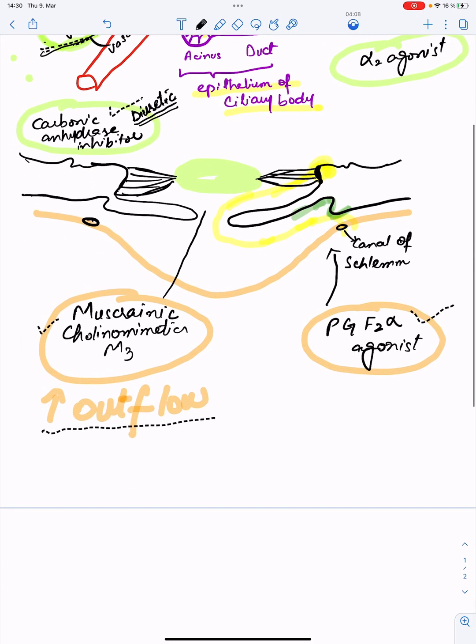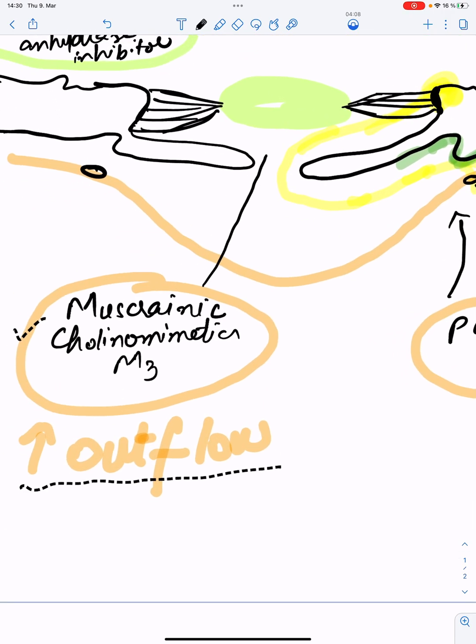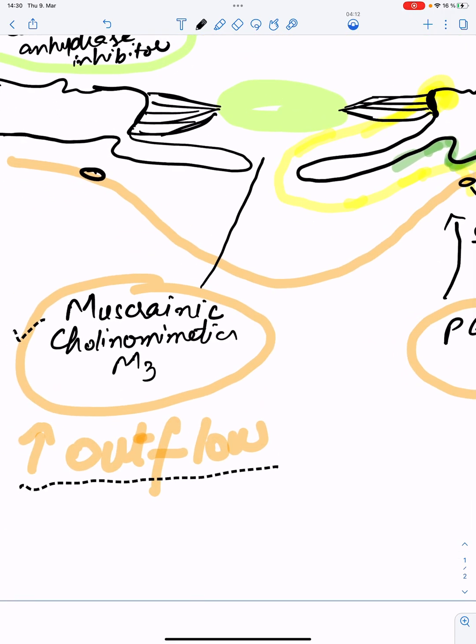The next thing is that we can also increase the outflow. What we can do is, these muscarinic receptors are involved in the constriction of the constrictor pupillae muscle.